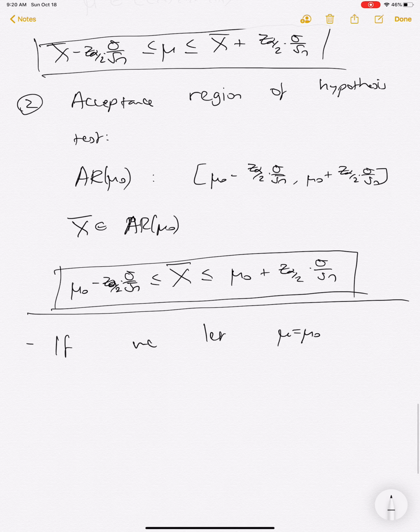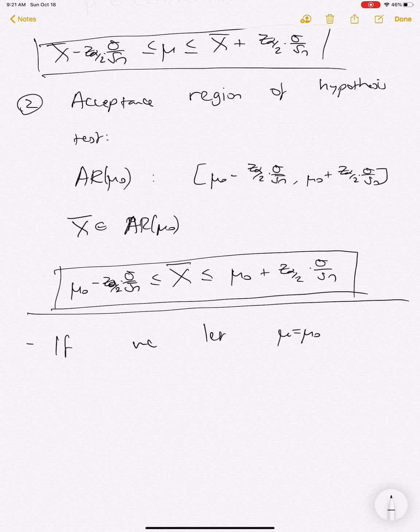Just to step back a little bit, in the confidence interval, you write that the parameter lies in a confidence interval, which is a function of the data. In the acceptance region of the hypothesis test, you're saying that your test statistic, which is a function of your data, lies in some region which depends on your parameter mu0. So you're kind of doing things in reverse.